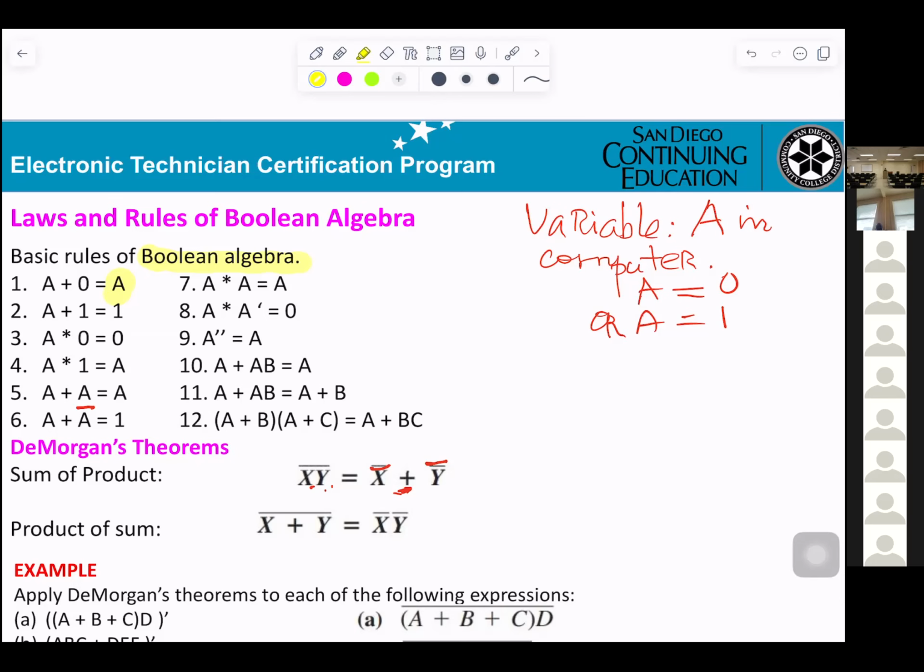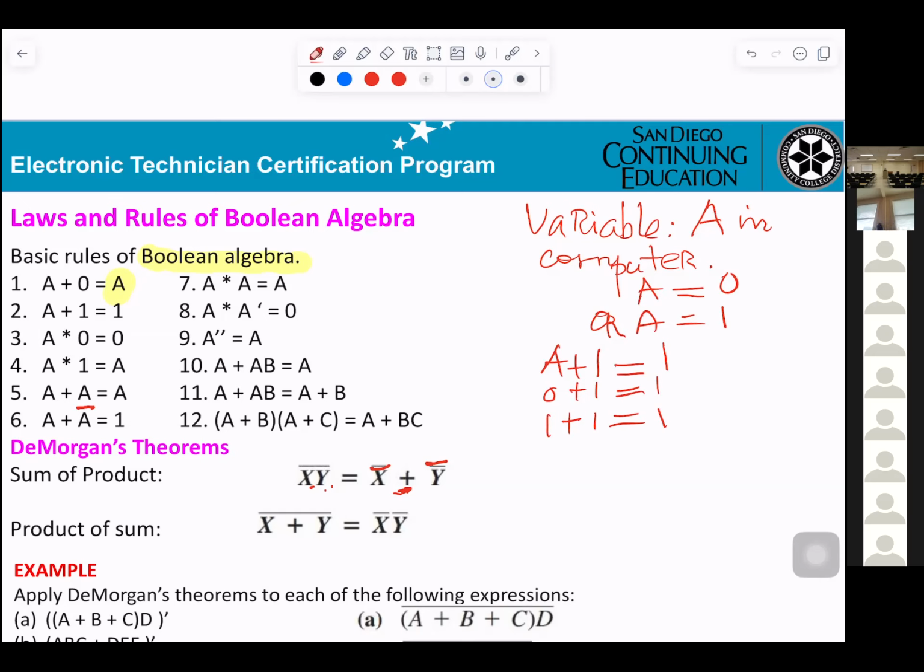Now, A adding 1 equals 1. I can prove it for you. A can be 0, or it can be 1. If A is 0 adding 1, it equals 1. If A equals 1 adding 1, it has to be 1, not number 2. Okay? In computer logic, we don't have a number 2.